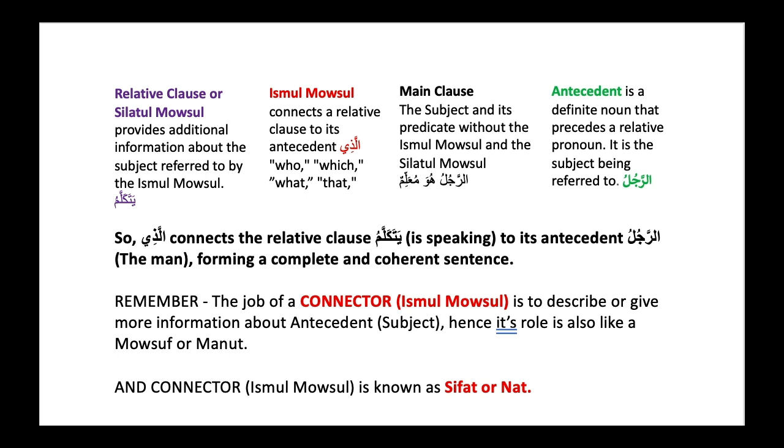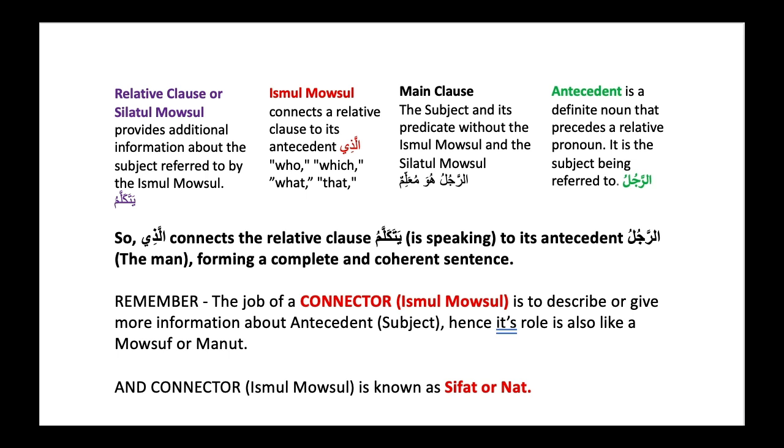Ismul Mowsul, as we said earlier, connects a relative clause, Silatul Mowsul, to its antecedent, allazi in this case. Examples are who, which, what, that. These are examples of Ismul Mowsul. Relative clause or Silatul Mowsul provides additional information about the subject referred to by the Ismul Mowsul, and example here is yatakallamu.